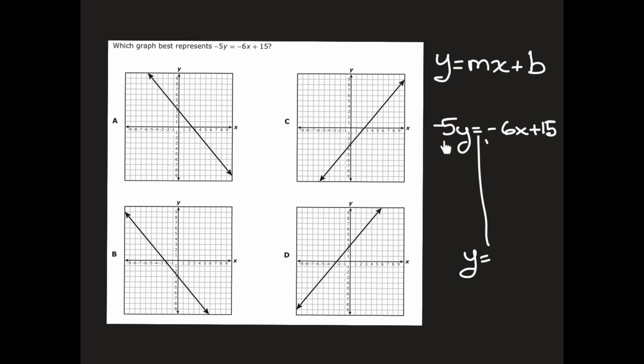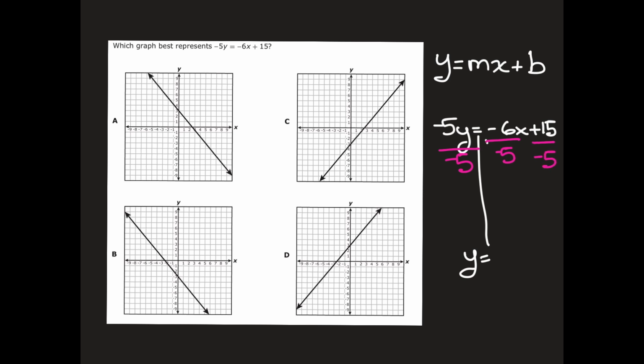To be able to cancel the negative 5, we must do the opposite of what it's doing to the y. When a number is next to any variable, it's multiplying. And to cancel it, we must do the opposite of multiplication, which is division. So we need to divide by negative 5 every single member of our equation.